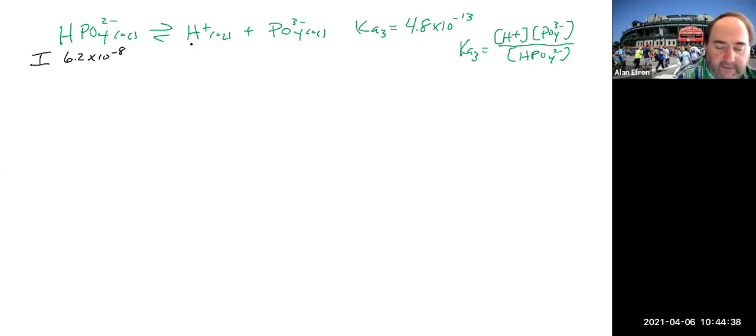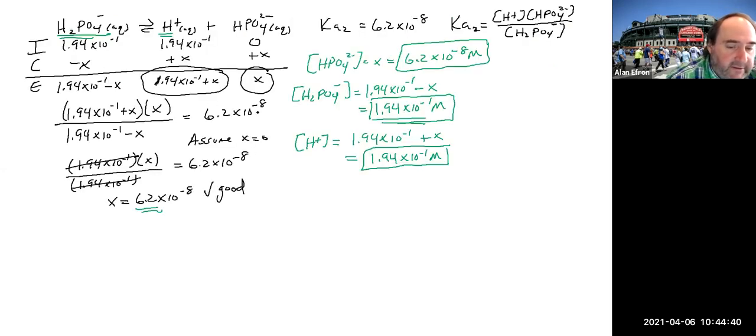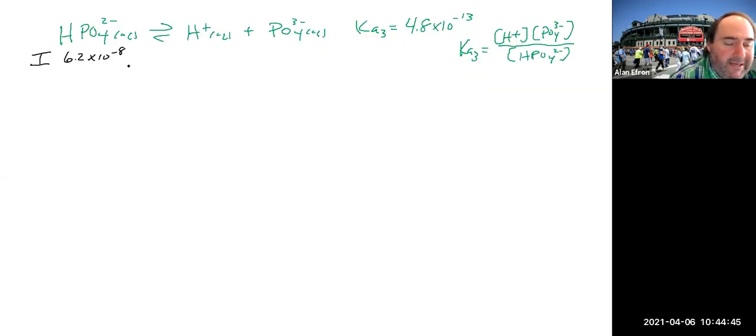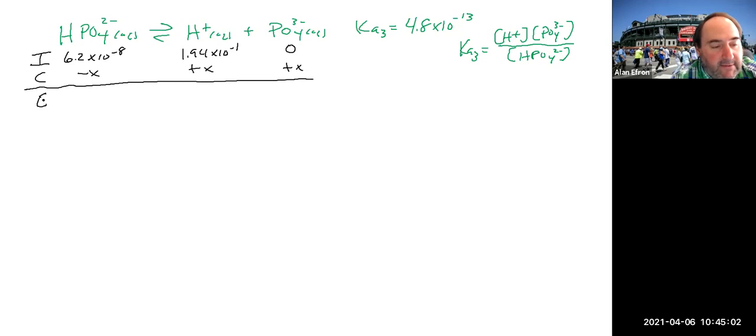Just like previously, we still have some H plus floating around, with the same concentration of 1.94 times 10 to the minus 1. And we have nothing of this one until this point in the process. The change is minus x, plus x, plus x, which means at equilibrium: 6.2 times 10 to the minus 8 minus x, 1.94 times 10 to the minus 1 plus x, and x.